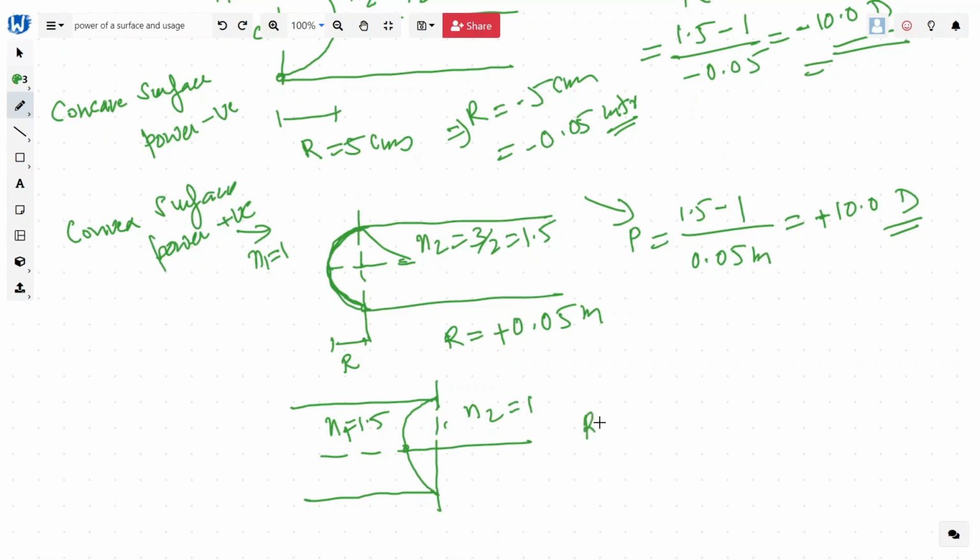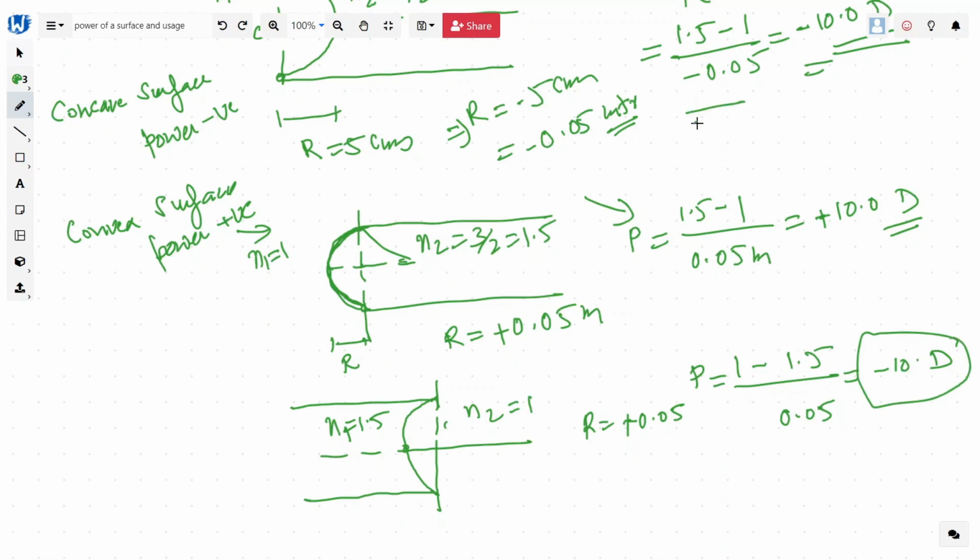So R is plus 0.05, and we can fit that again in the power equation. P is going to be n2, which is 1, minus 1.5, and this R is positive, so 0.05, and it will turn out to be minus 10 diopters, exactly the same as what we got there.